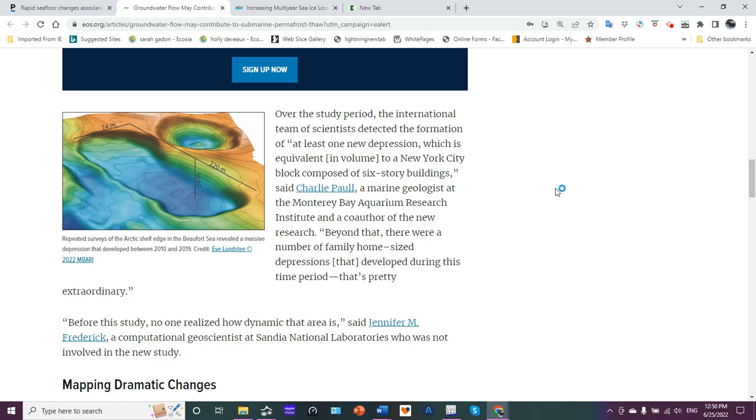So these are some questions that need to be answered, need to get a better handle on. But as everything else, it means what? More methane in the atmosphere. We all know that's not good.